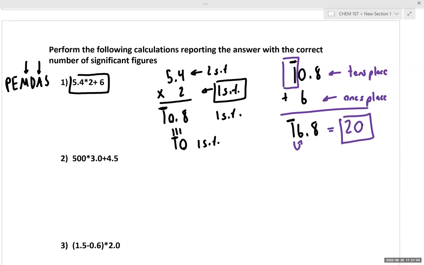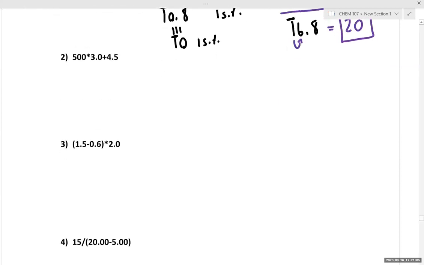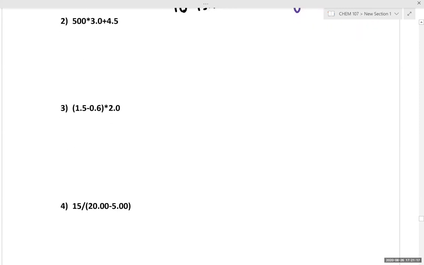If not, I'll do one more representative example for everyone, and then we'll work on 2 examples independently. So I'll look at example number 14.